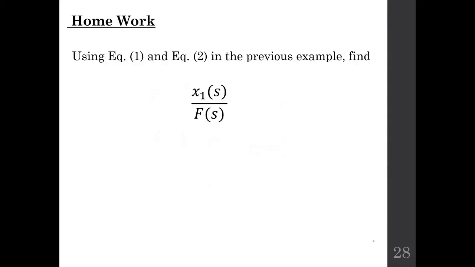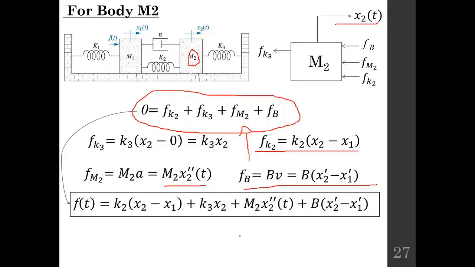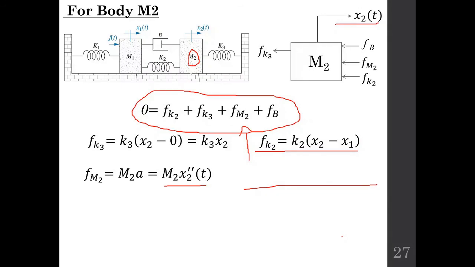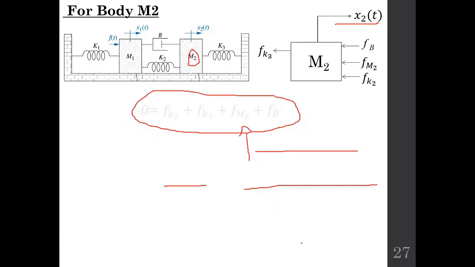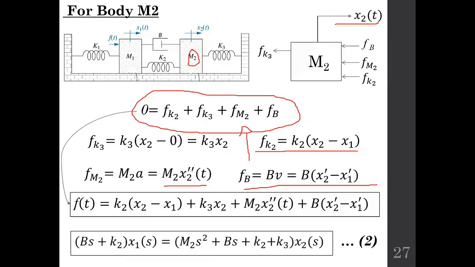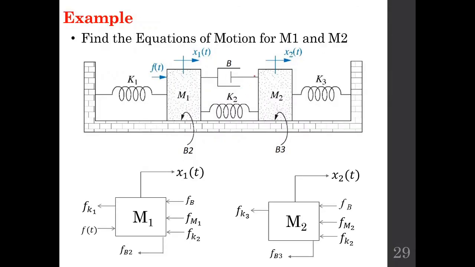So this is your homework: using equations 1 and 2, you need to find out the transfer function x1 of s upon f of s. So you have this equation number 2 here, and this is your equation 1. By using these two equations, you need to find the transfer function x1 of s divided by f of s.